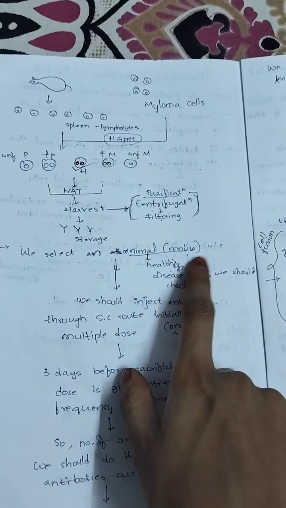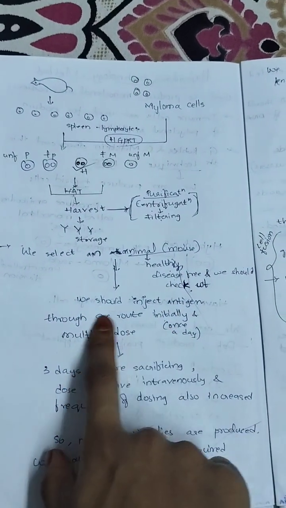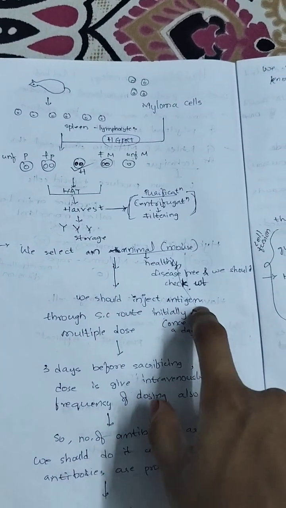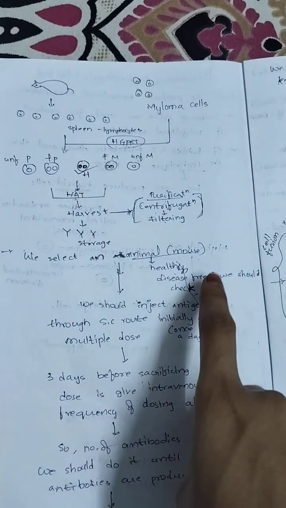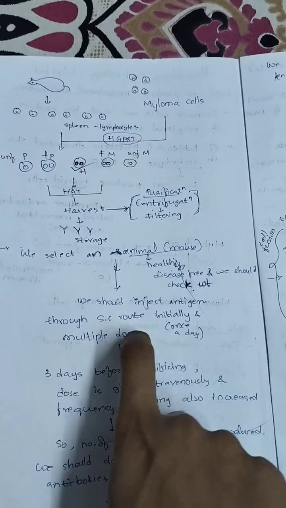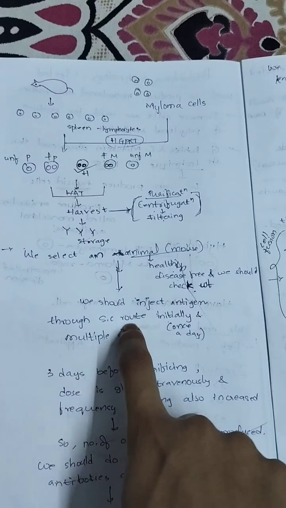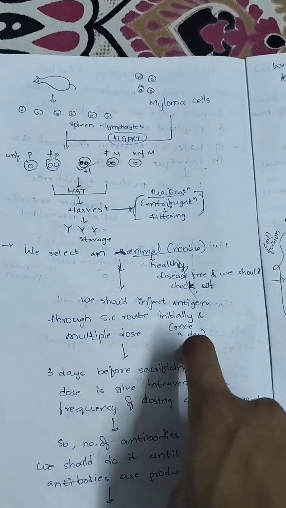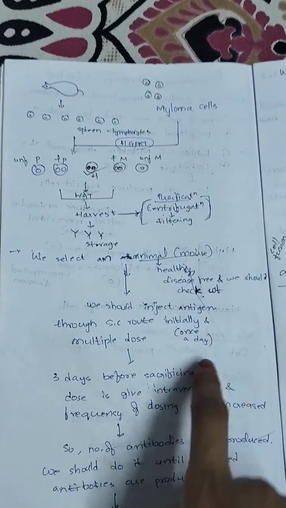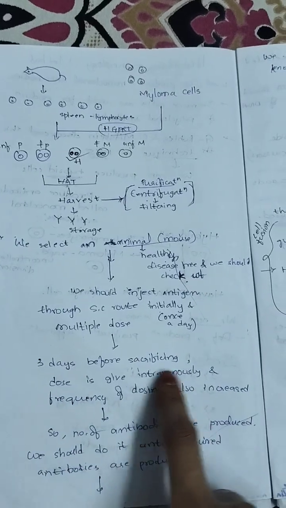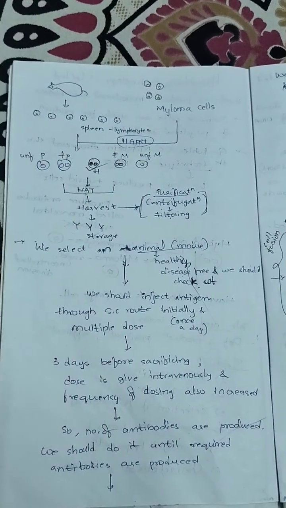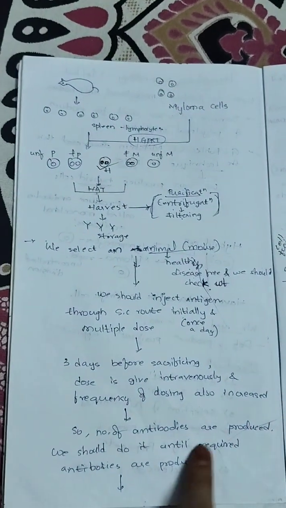Then the antigen is injected into the mouse through the subcutaneous route initially, once a day, and then multiple doses are given. 3 days before sacrificing the animal, the dose is given intravenously, and the frequency of the dose is also increased. It is done so that a large number of antibodies are produced.